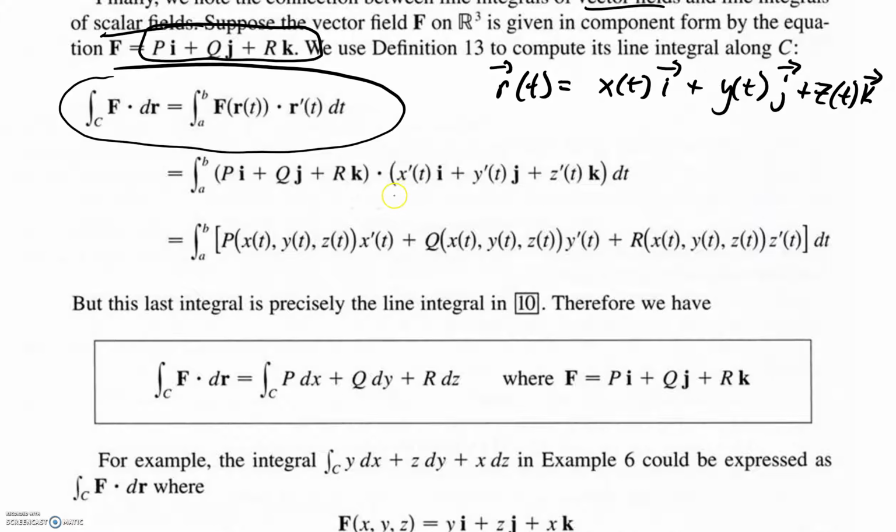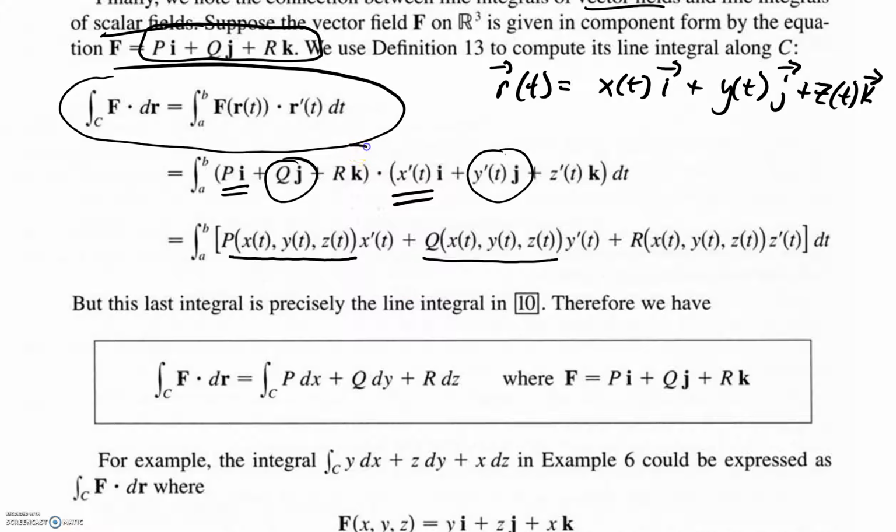As you do your dot product, you multiply your x components together, and you'd get P, which, by the way, in its parametrized form is P of x of t, y of t, z of t, times x prime of t. Do the same thing as you multiply your j components together: Q in its parametric form times y prime of t.